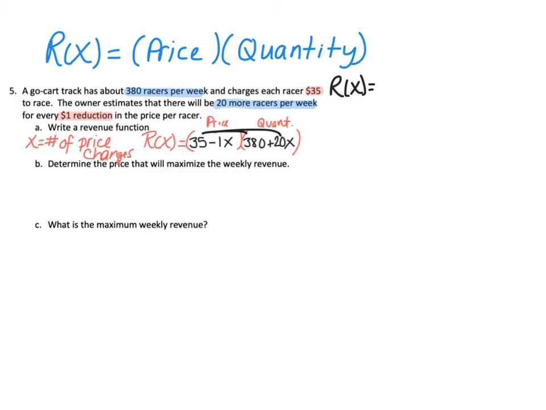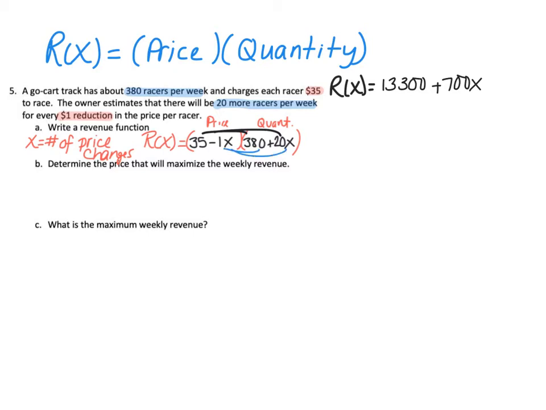And that is 13,300. And 35 times 20x would be plus 700x. And now I need to distribute this -1 to both things.